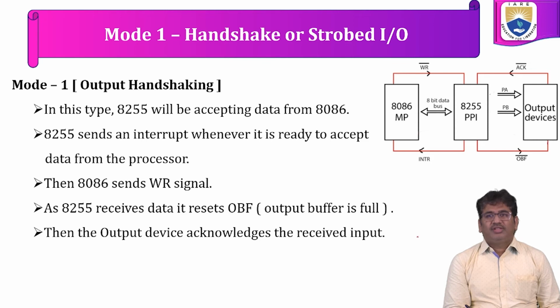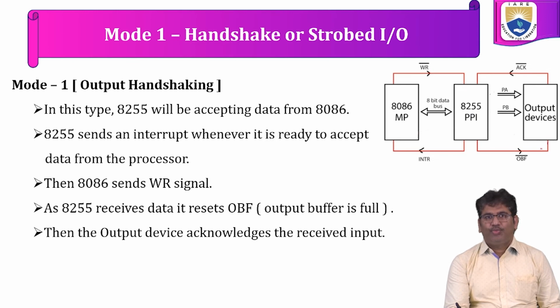So when the processor wants to send data to the IO port, the output port, first it will send the data to the 8255. Once the data is loaded into the 8255, it will generate output buffer full.